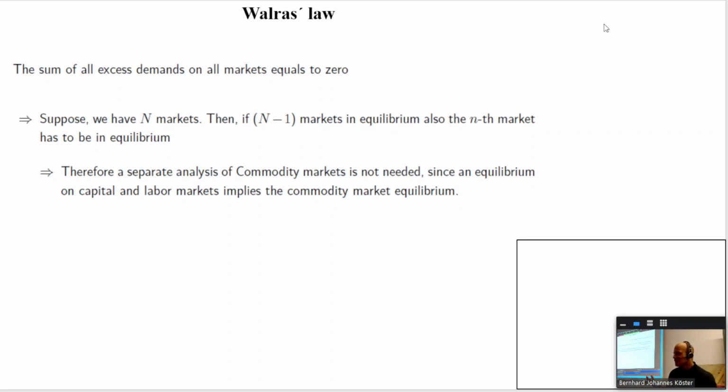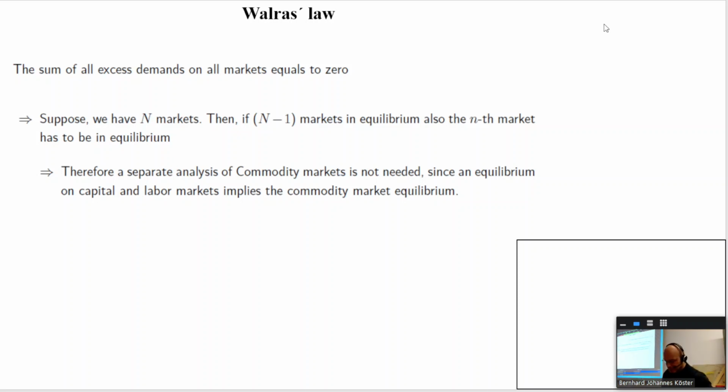Then we knew, okay, when I have already calculated the inflows and outflows at 4 sectors, then I also know by definition, because I have a closed circular flow, that at the 5th sector the inflows and the outflows have to match.